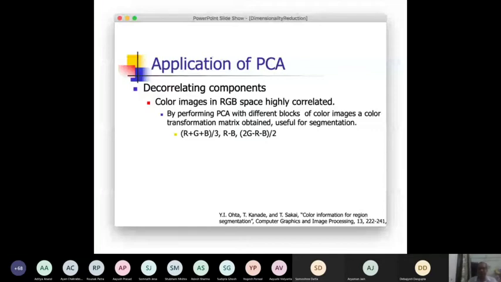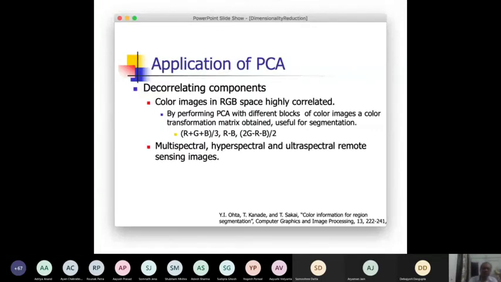Somehow the year is missing, but it is quite an old paper from the 80s, maybe 83, 84. In this paper, it has been shown with experimentation that these are the components they can find out, and it also has certain interpretations with respect to the color representation.